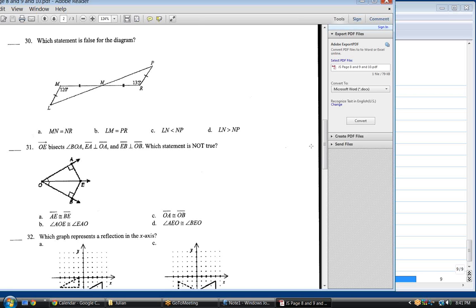Interesting. Are these similar triangles? Based on what? Actually, maybe not. Definitely not.